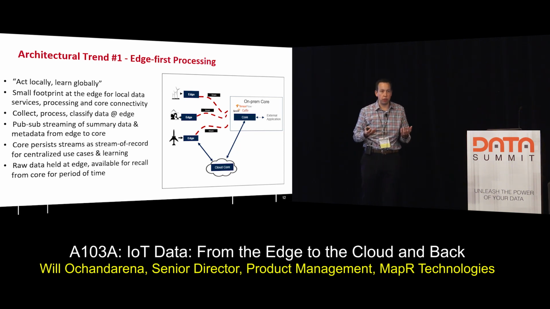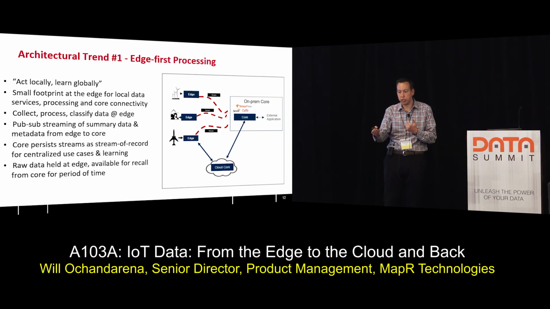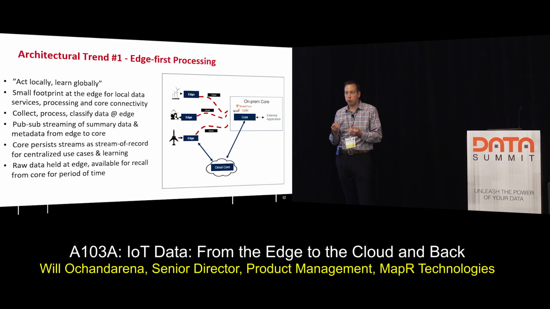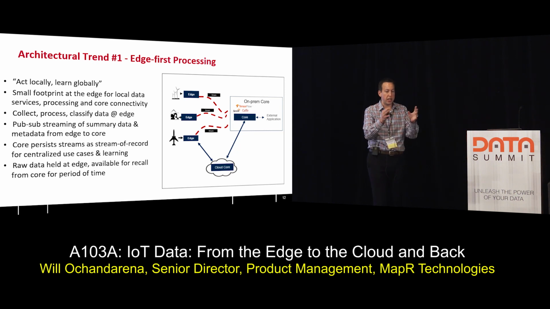So you want to act locally because you want to act before you're inhibited by the bandwidth or the internet connection that you have. But you want to learn globally because the actual AI and machine learning models that are going to make the most impact at the edge can't be developed using only the data that that particular edge has seen. The best models are created by the most data and the most variety of data that's been generated from everywhere.